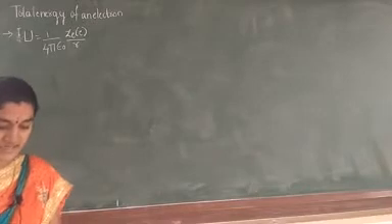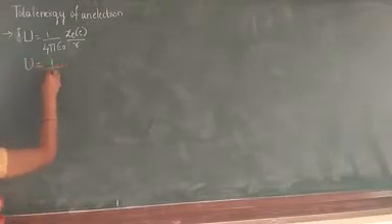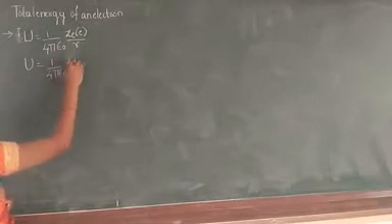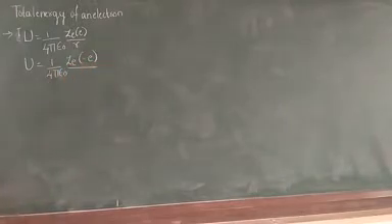We can write this equation as U is equal to 1 divided by 4 pi epsilon naught into Ze into minus e by r.